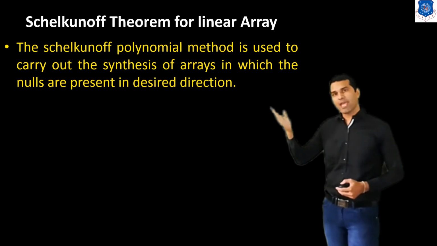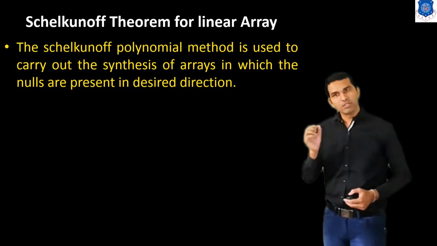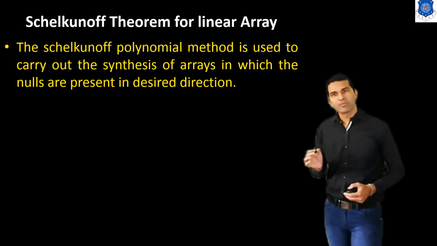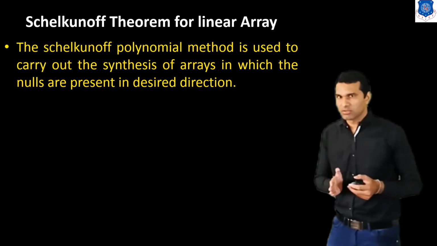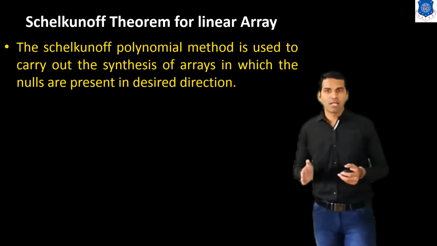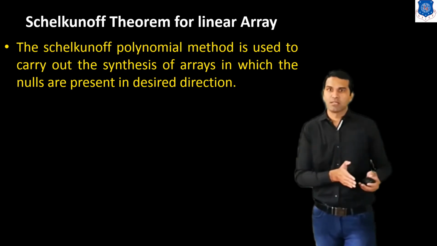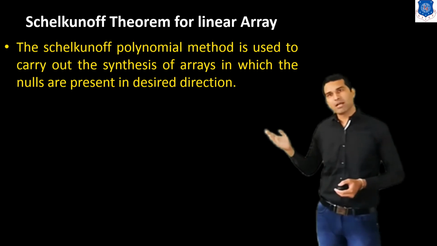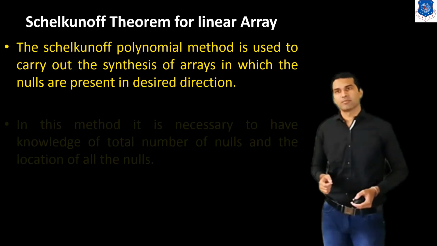This is the main aim of the Schelkunoff theorem. In practical applications we often require nulls in a particular direction, so by using this method, we can place the null in a particular direction.